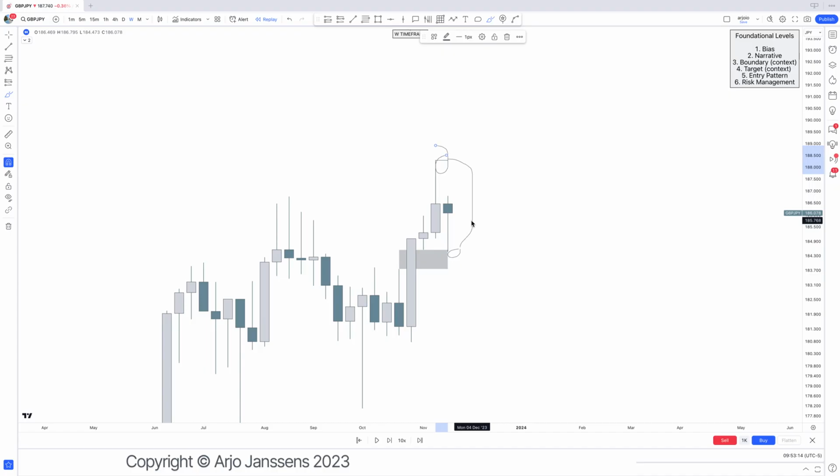So right here, this is where every PD array on the lower time frame that you're seeing will hold when they are in context. So that context is extremely important because that is the area where we are going to be trading. That is our context area. You're always going to trade a context. Whether it's a usual or an unusual context, you're always looking to trade context.